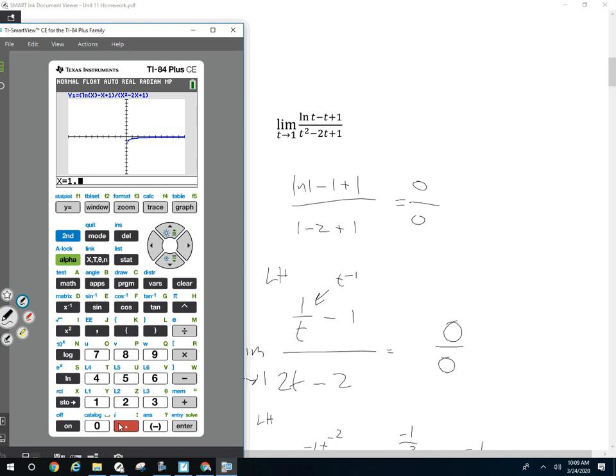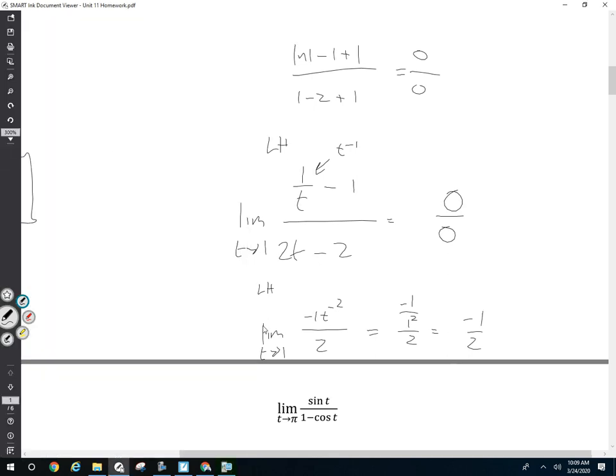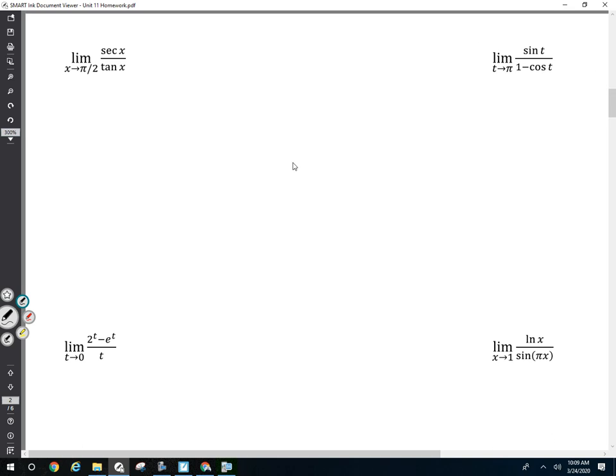I'll go just to the right of 1 or just to the left of 1, and I'm going to see it's going to be very close to 0, but that's not correct. There you go, close to negative 1/2. There you go, closer to negative 1/2. There you go, pretty much right on.